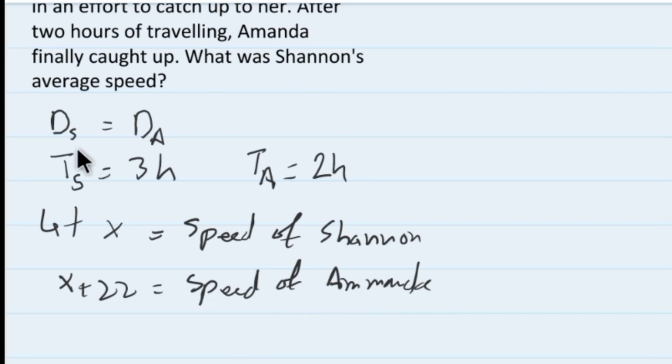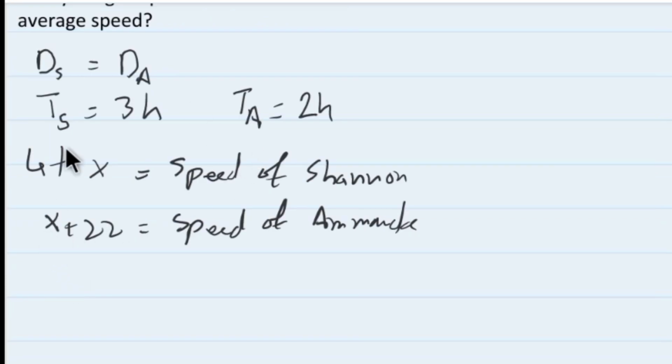Now we will use the relation distance is equal to distance. Since they both travel equal distance, we know that the distance traveled by Shannon would be equal to time multiplied by speed. So time taken by Shannon is 3 hours, while her speed was x.